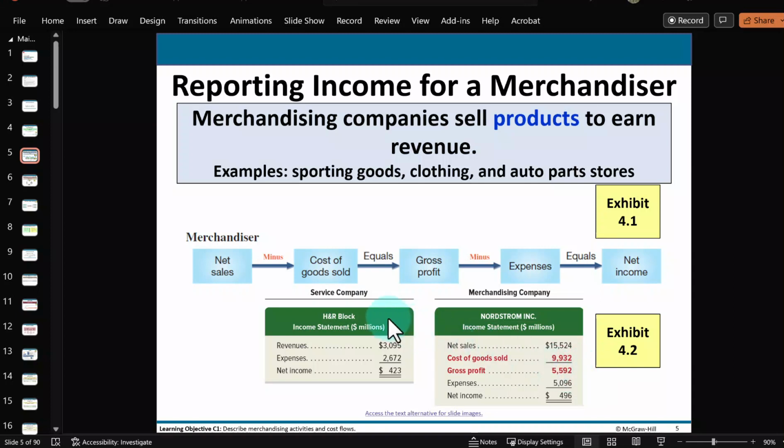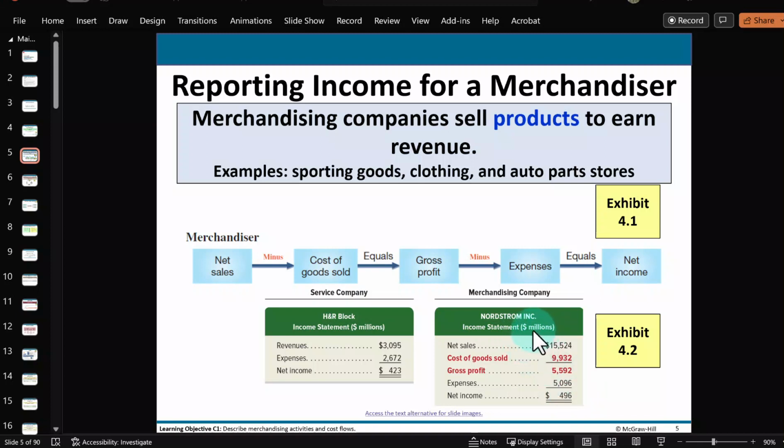And just like a service type business, a merchandising business also has all of those other so-called operating expenses, like rent, like salaries, that we subtract out from the gross profit to get the company's bottom line of net income. Here you can see we're dealing with millions of dollars.